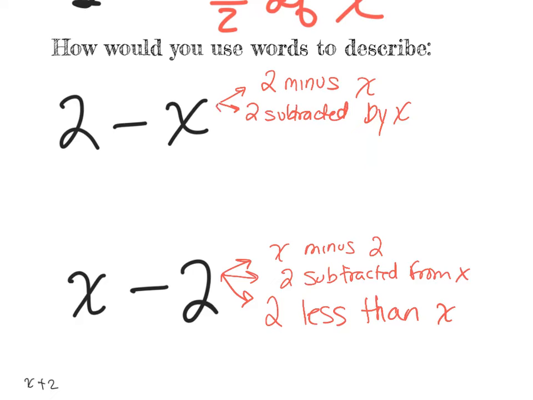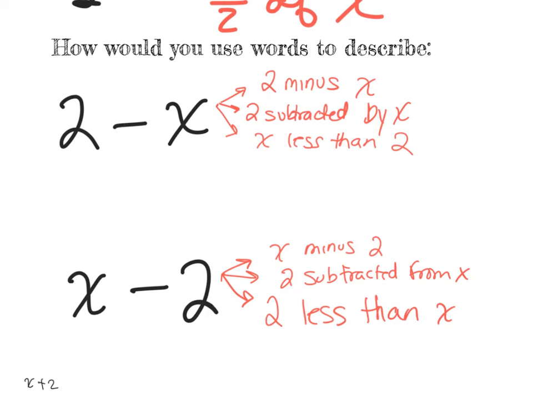While the other one is actually x less than 2. It's really important that you understand that when you see the words less than and I am describing subtraction, it means you are taking it away from something.